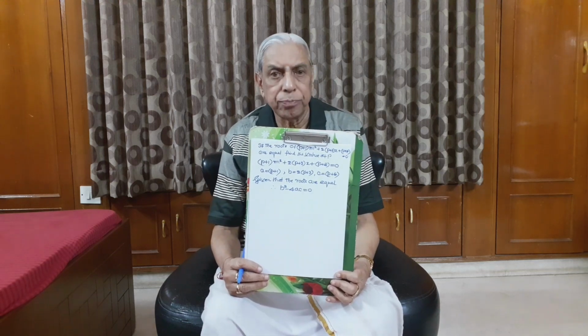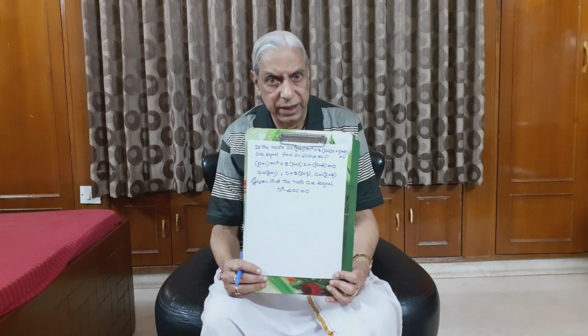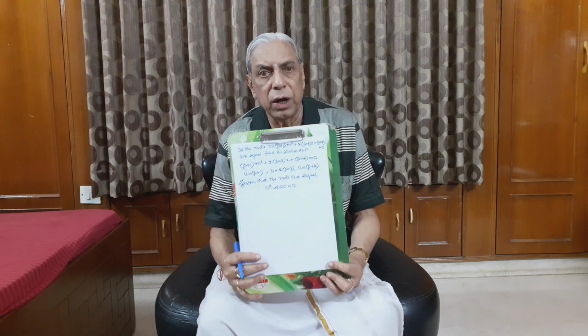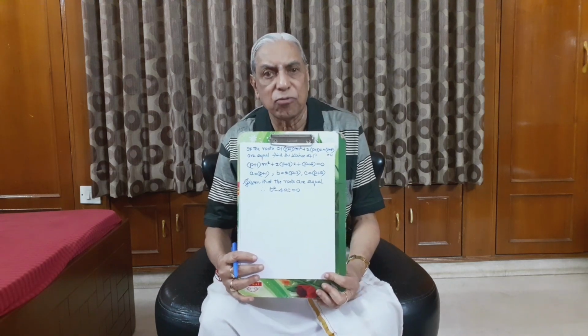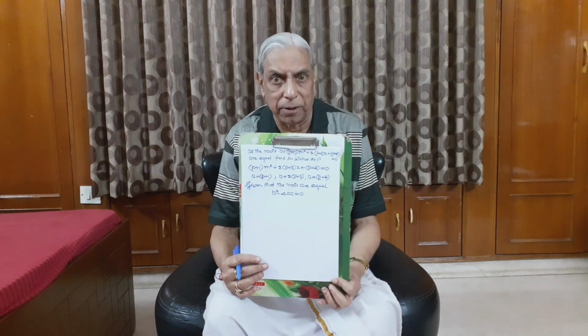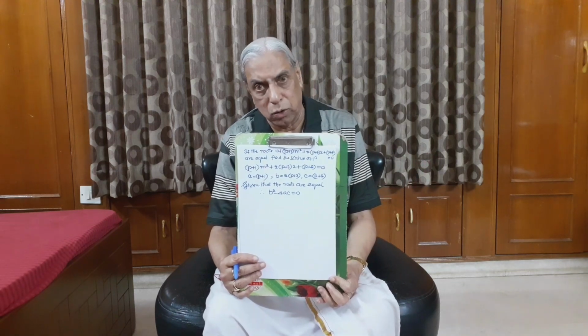What is the next step? I have to substitute for a, b and c there. Now b squared: what is the value of b there? The value of b is 2 times (p plus 3). So write it properly, see how I write b squared: 2 times (p plus 3), the whole square.